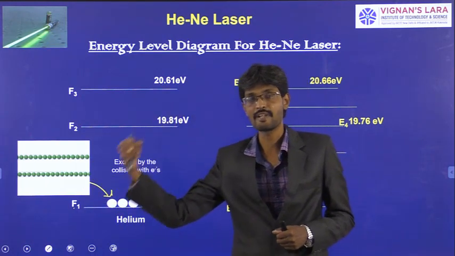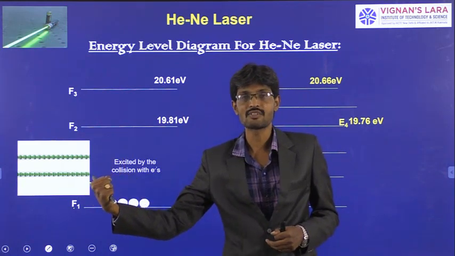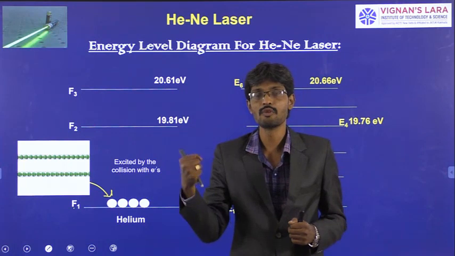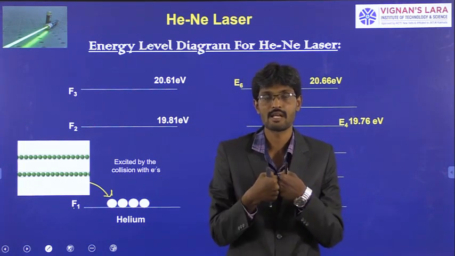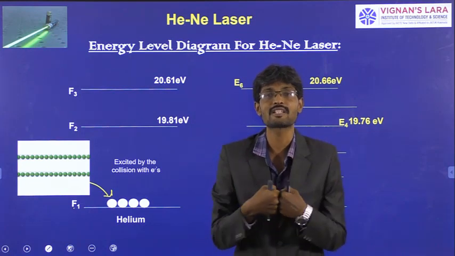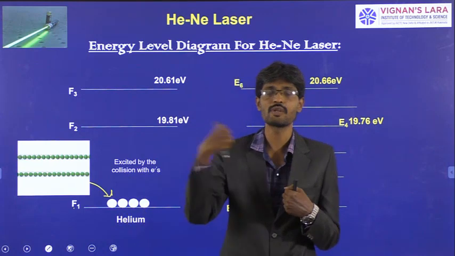While moving, they bombard with these helium ions, that means they collide with the helium ions. As this collision is inelastic in nature, energy is transferred from free electrons to helium ions.